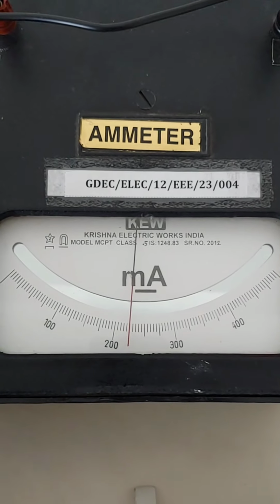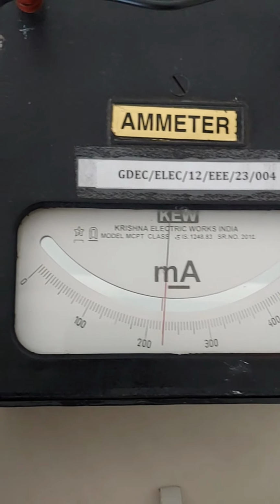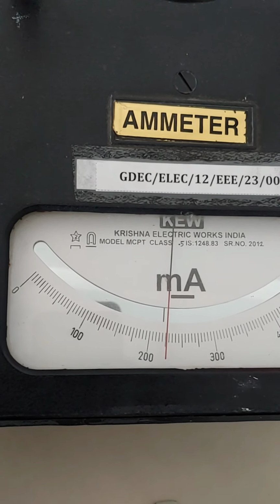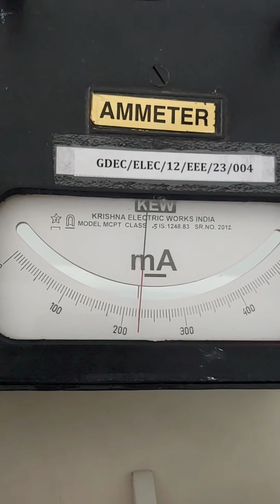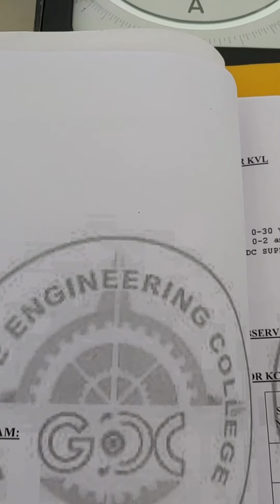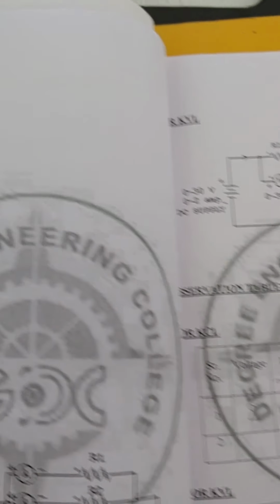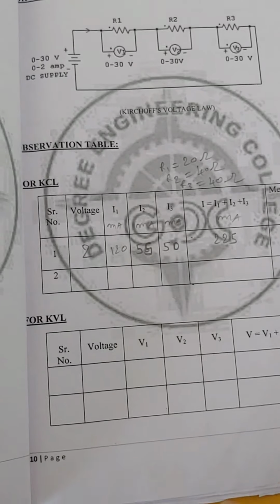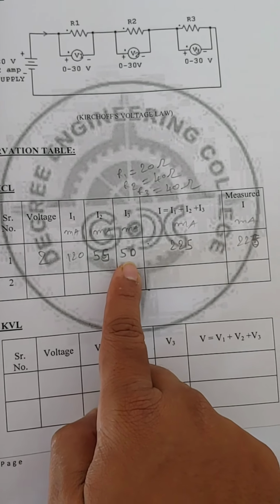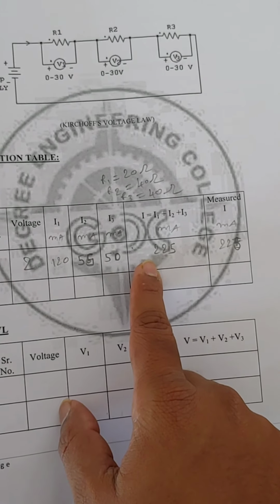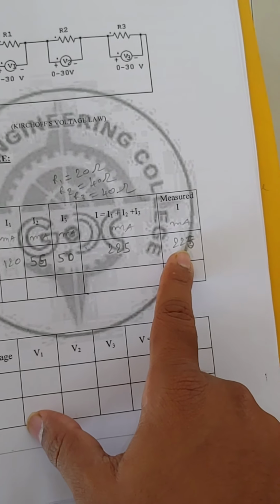See the total current. It also shows the 225 reading. So here you can say that the measured and calculated readings are the same. At 2 volt, I1 is 120, I2 is 55, I3 is 50, and the sum is 225, and we have measured the total already.